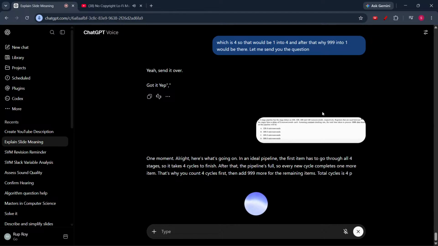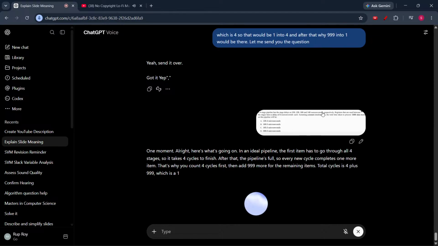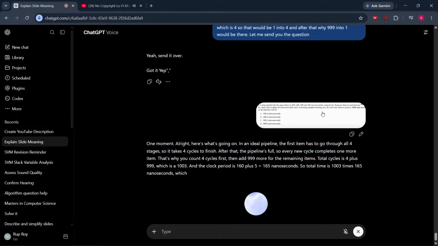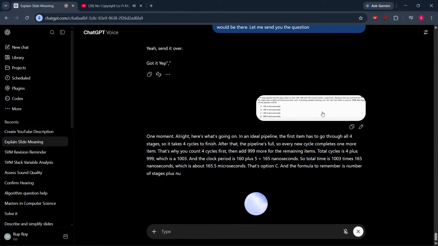Total cycles is 4 plus 999, which is 1003, and the clock period is 160 plus 5, 165 nanoseconds. So total time is 1003 times 165 nanoseconds, which is about 165.5 microseconds. That's option C. And the formula to remember is number of stages plus number of items minus 1.